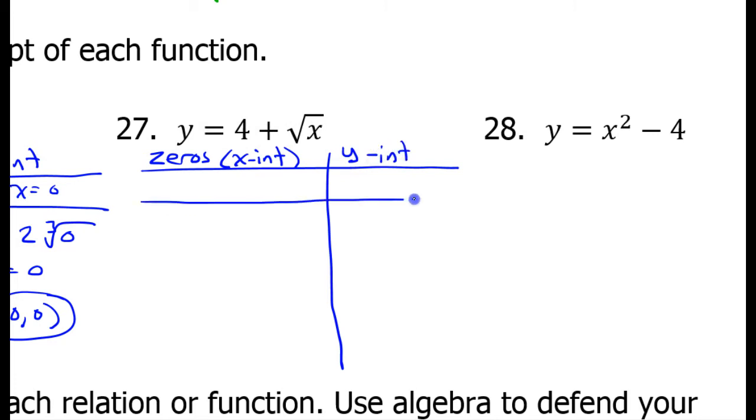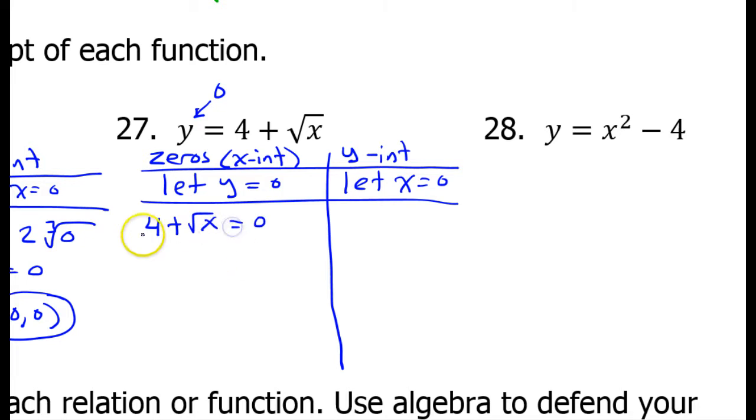If you want to find the x-intercept, you let y equal 0. If you want to find the y-intercept, you let x equal 0. Okay, so letting y equal 0 really means setting the entire function equal to 0. So that means 4 plus radical x is equal to 0.